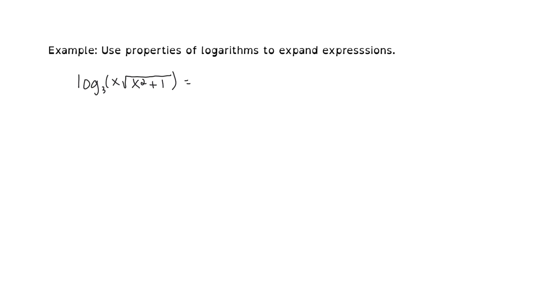So first of all, realizing that we have an x times the square root means that we can use property 5 to rewrite this as the sum of the logarithms. So this will be log to the base 3 of x plus log to the base 3 of the square root of x squared plus 1. So that was property 5 if you're keeping track.